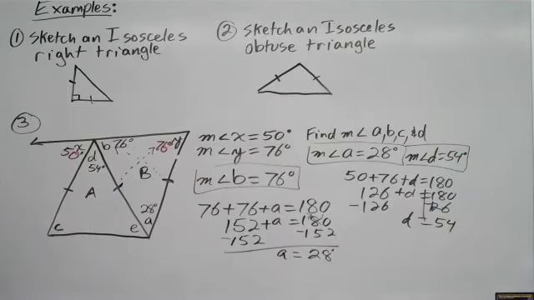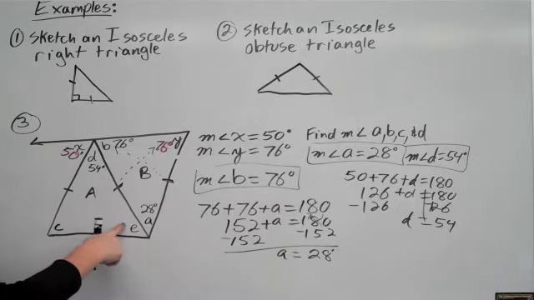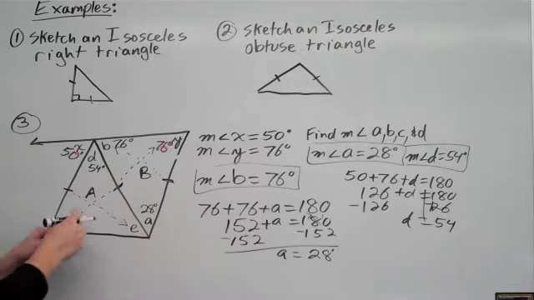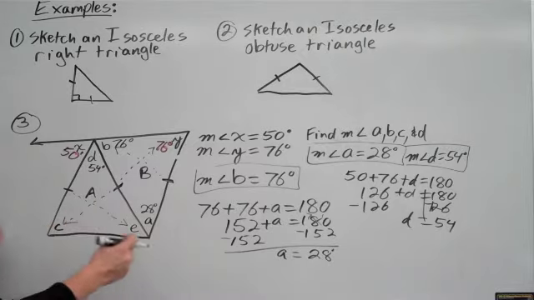And we have two more angles, C and E. The cool part about C and E is they are, again, opposite the isosceles sides of a triangle. So what do we know about C and E since they're the opposite angles in the isosceles triangle? We know that they're equal.